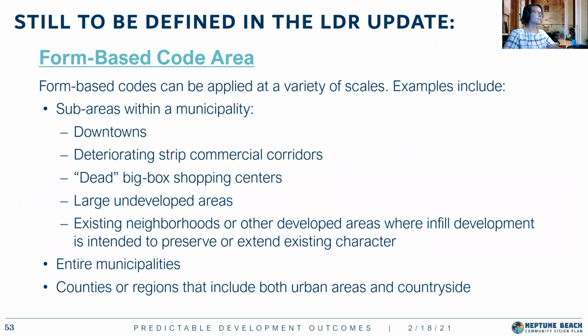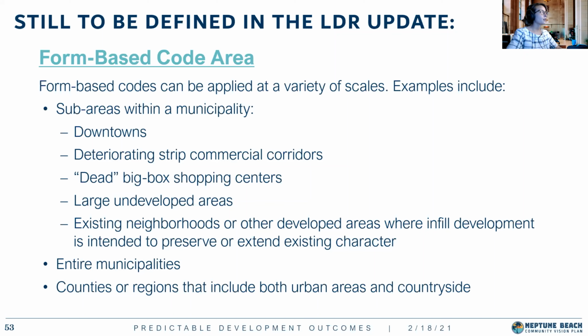So there's still some things that need to be defined in the land development regulation update. Form-based codes can be applied to a variety of different areas and at a variety of different scales. So typically, municipalities will apply them to a specific downtown area or along a deteriorating strip commercial corridor. They'll apply them to large undeveloped areas.